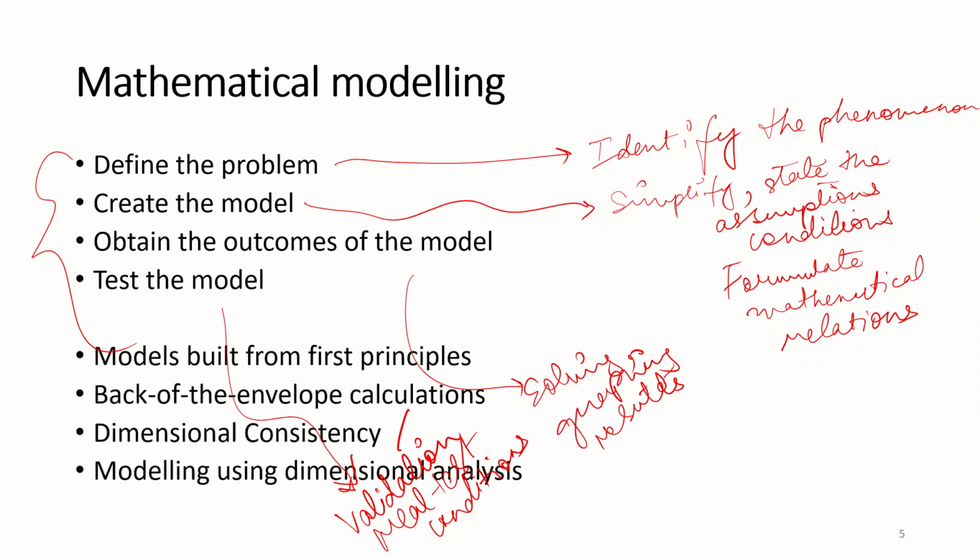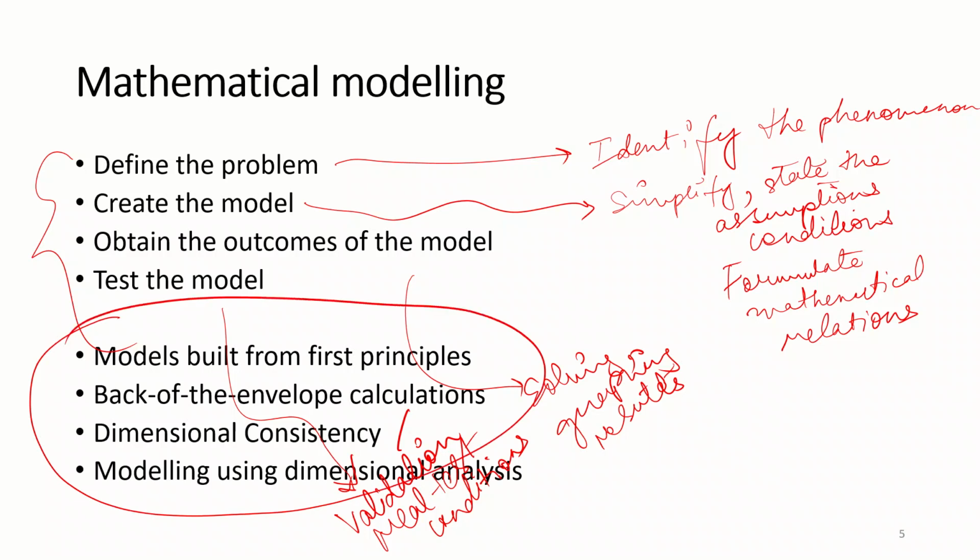So with that, we have some models that essentially work on these principles. The first is models built from first principles, in which we usually use predefined, established rules, and then we develop models out of them.